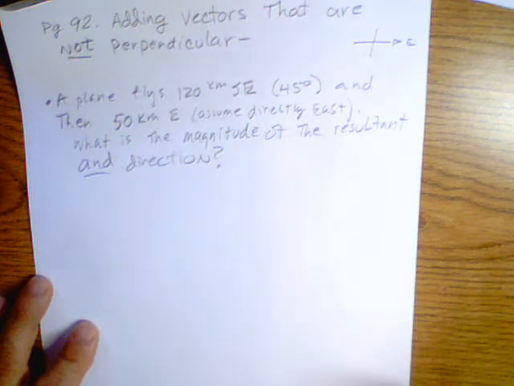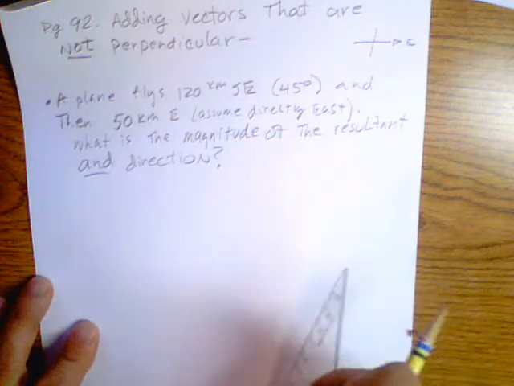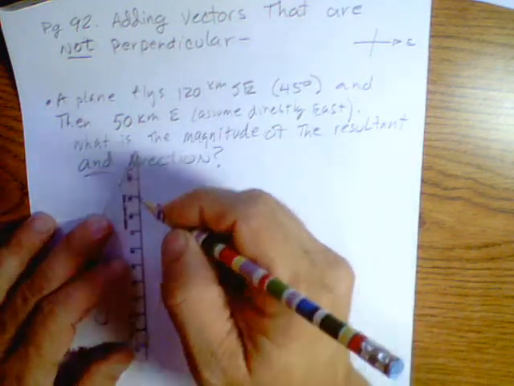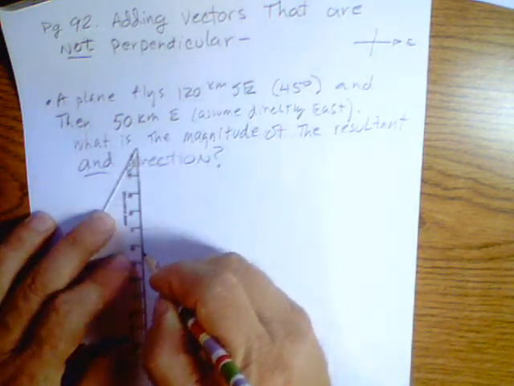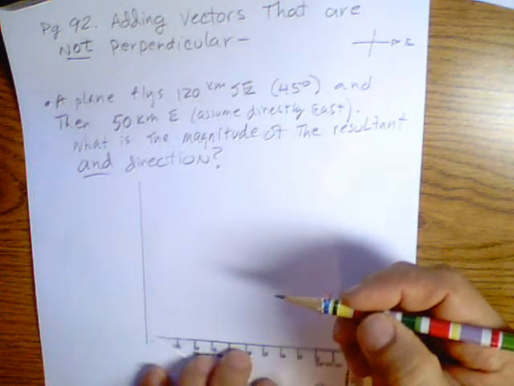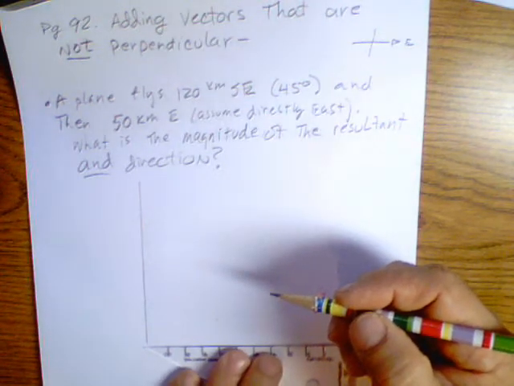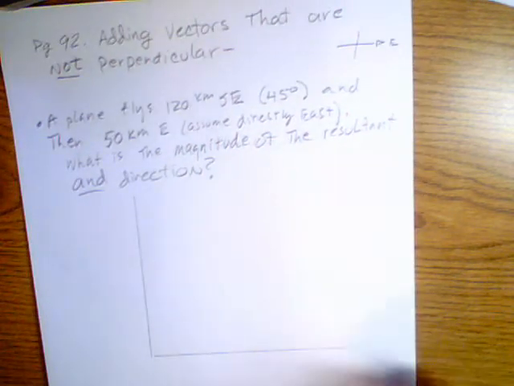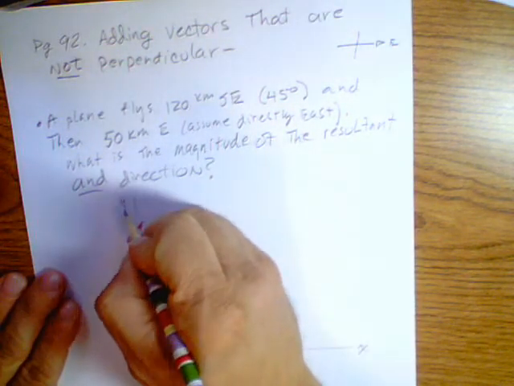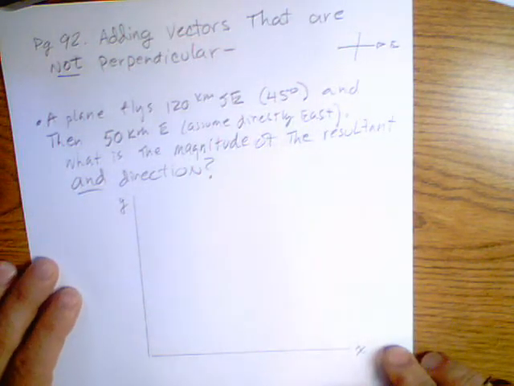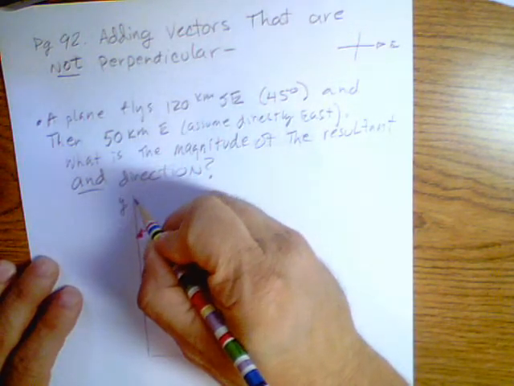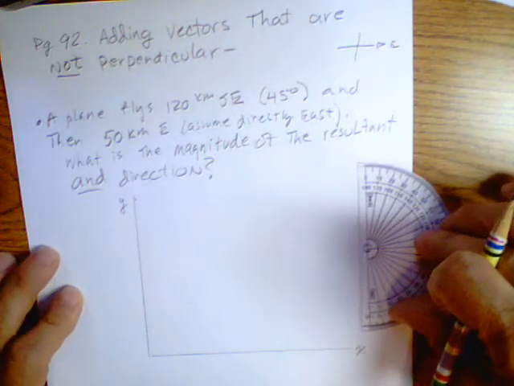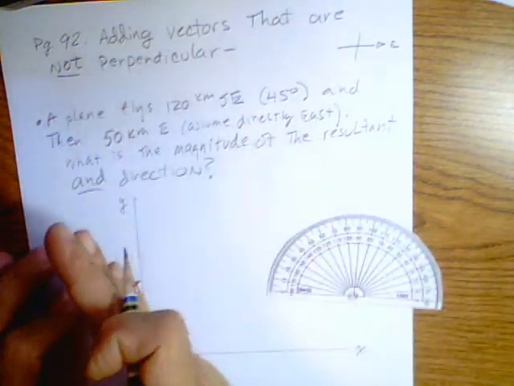I'm not going to draw this to scale, because I don't have time to do that. So here's my x, and here's my y. Let's just assume that our airplane was flying 45 degrees southeast.